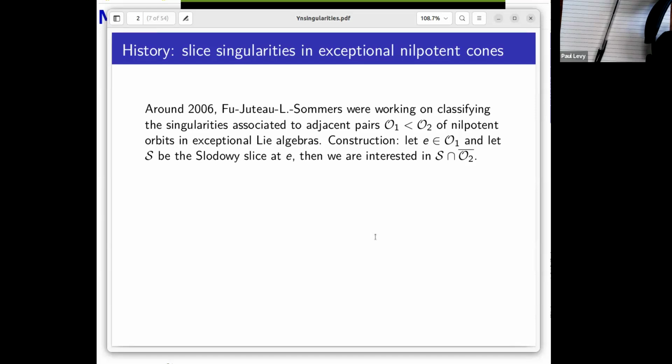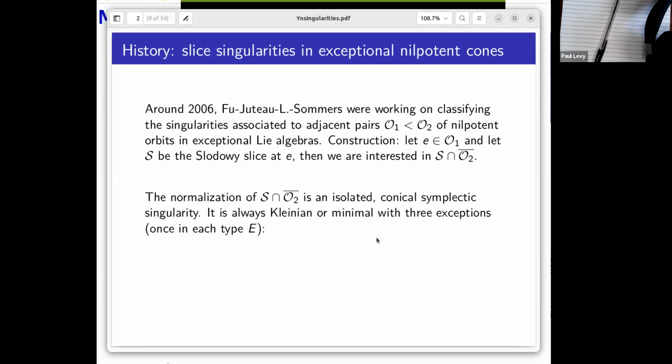As long as it's normal, this is a symplectic singularity, and the normalization is always an isolated symplectic singularity, because in that Slodowy slice, the only point which belongs to the lower orbit is the element e itself. If you just ignore issues around normalization, then it turns out that there aren't very many possibilities here. In classical types, this is always either a minimal singularity or a Kleinian singularity.